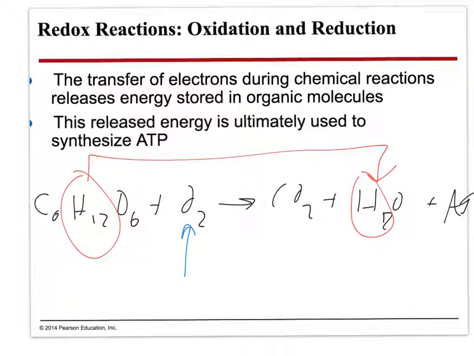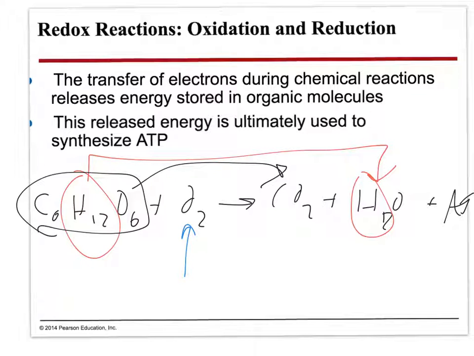See what happened there? I took the hydrogens away, CO2's left. I add the hydrogens here, H2O is produced. Okay? So glucose is going to be oxidized to CO2. Excuse me, reduced to CO2. No, I was right.